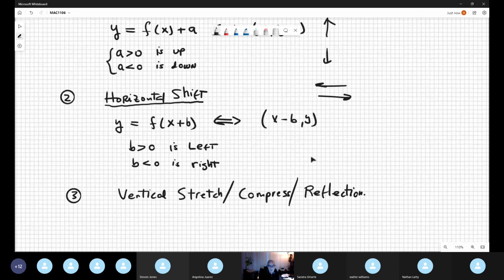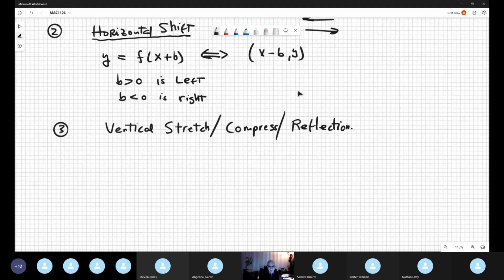This transformation includes 3 categories: stretch, compress, or reflection. So now you have the function, but you multiply, no addition, no subtraction, multiply by c. c is a factor, f of x. So we have 3 possibilities.